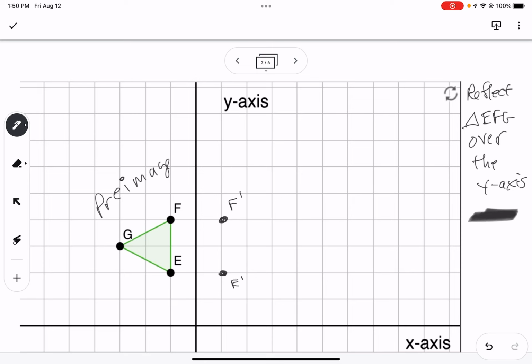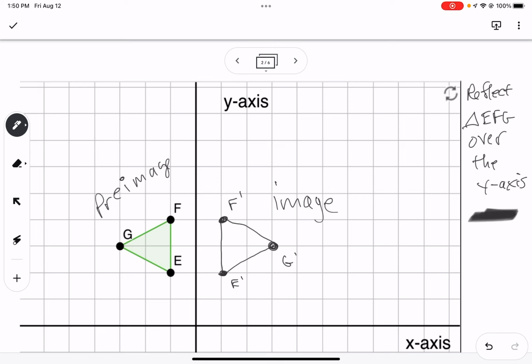G prime, 1, 2, 3 units away, so 1, 2, 3 units away as well. And then sketch, close the figure, and here we have the image, E prime, F prime, G prime.